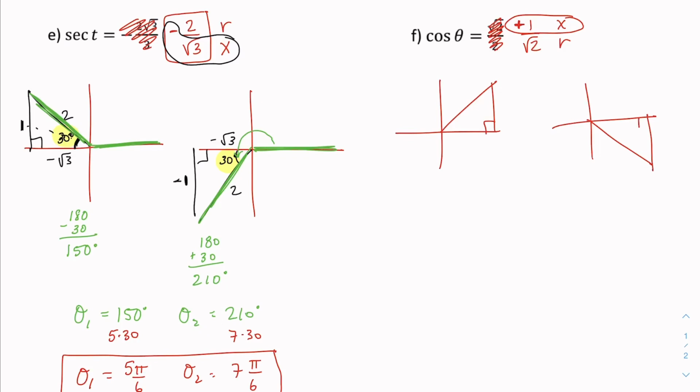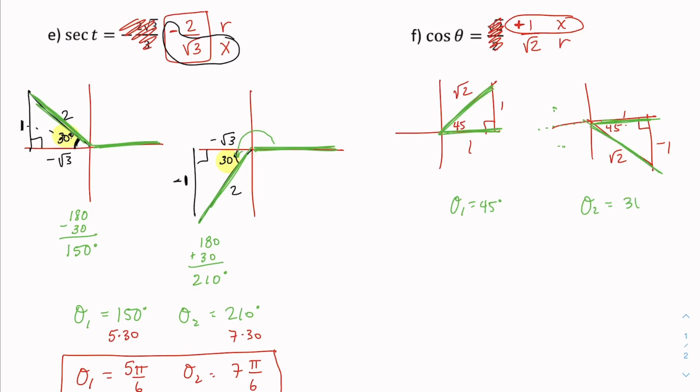Drop the perpendicular. Let's label our sides. X is positive 1. R is radical 2. That means this is a 45, 45, 90 triangle. I'm labeling my reference angle as 45. Final steps. Let's give our final answer. The first angle is just 45 degrees. The second angle, I have to do some math. And when I'm in quadrant 4, do you remember what math we would do? Well, we're not going to use the 180 because that's for these quadrants.